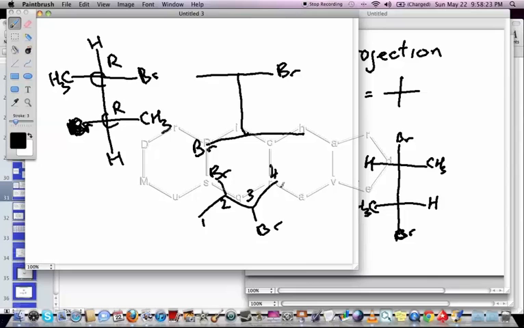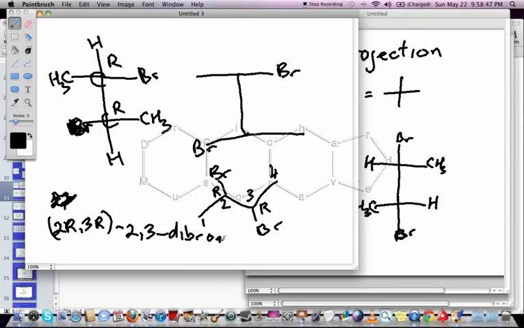This is just for the purposes of naming, and this would be called, this is an R, this is an R, this would be 2R, 3R, in parentheses, 2,3 dibromobutane.